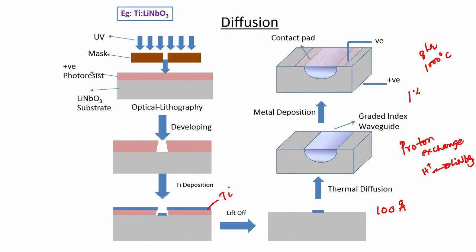We take a melt, like what we observed for the glass waveguides. You take molten benzoic acid, which contains hydrogen ions, and they can be diffused into the lithium niobate. So, this proton exchange process is at a low temperature, and it could result in almost step index waveguides.